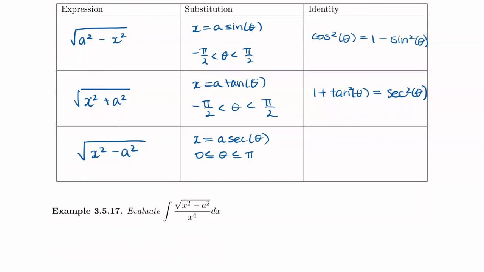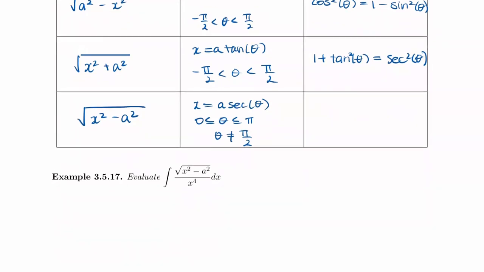However, we cannot let theta be pi over 2, because if we put pi over 2 in, this becomes undefined. Lastly, the identity is secant squared theta minus 1 equals tan squared theta.